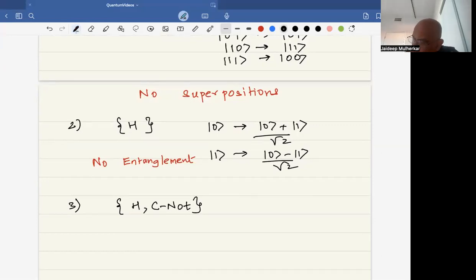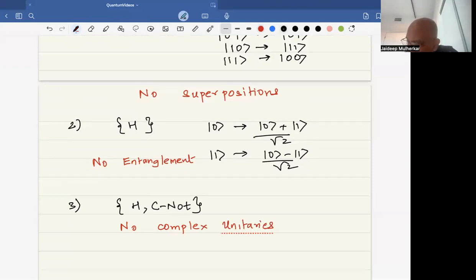This gate set can create superpositions and can create entanglement, but it is still not a universal set. The reason is that it generates real unitaries, but no complex unitaries are generated. So it is not universal.